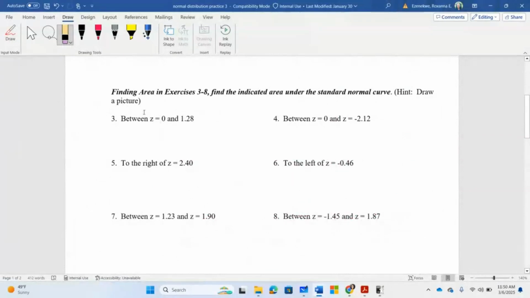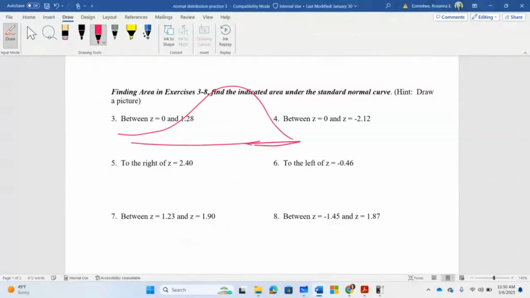Whenever I'm told to find the area between two points in a standard normal, first of all, draw a diagram. So from 0 to 1.28, 1.28 is on the right-hand side because it's positive. So I will shade the area and then get my calculator.